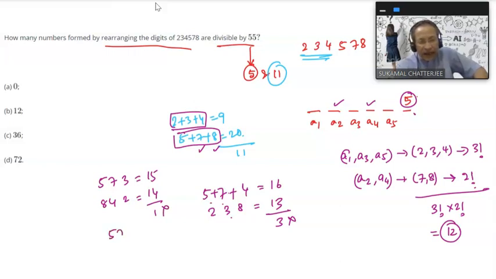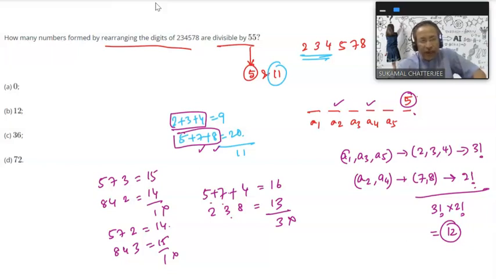And then I can try 5, 7, 2, which gives me 14, and then 8, 3, 4, which gives me 15. Once again, the difference is 1, not divisible by 11.